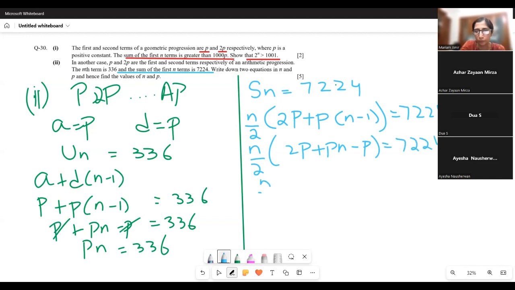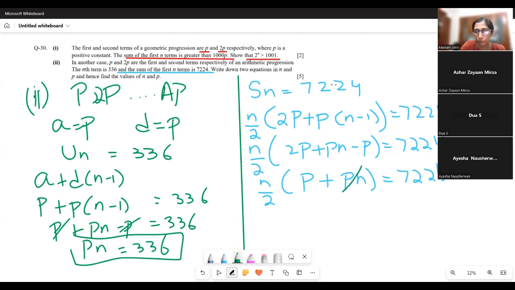So we get n upon 2 times (p plus pn) equals 7224. In fact, we already know that pn is 336. So replace this with 336. Let me expand the bracket first.